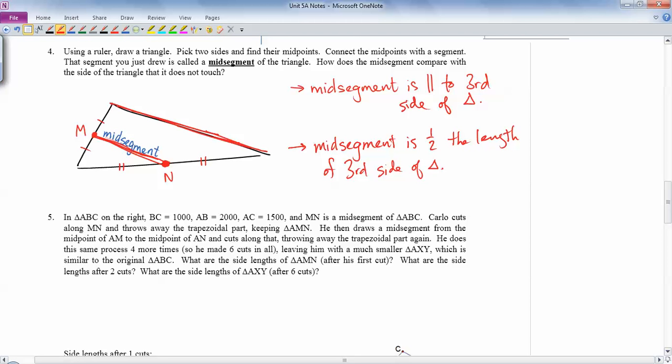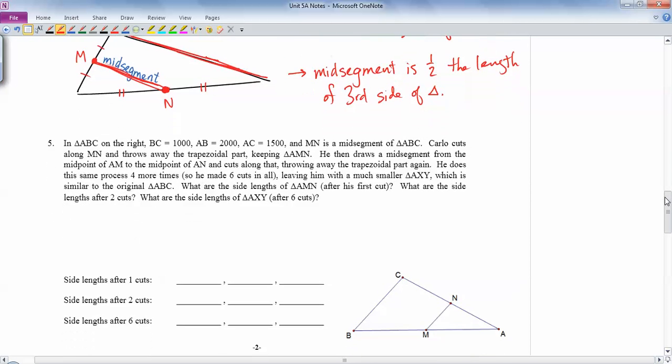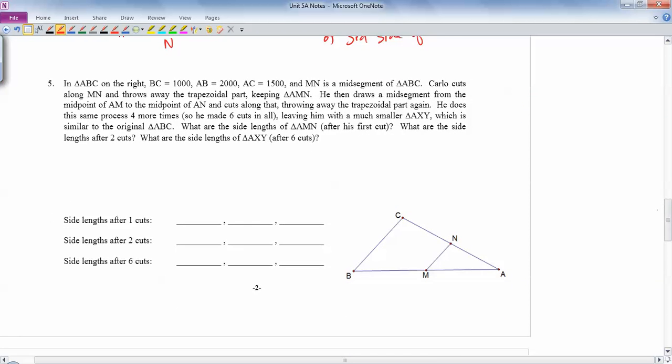Okay. So now what we're going to do is we're going to use that idea in number 5. So you've got this kid, Carlo, and he has a triangle where BC is 1,000, AB is 2,000, and AC is 1,500. And let's see.